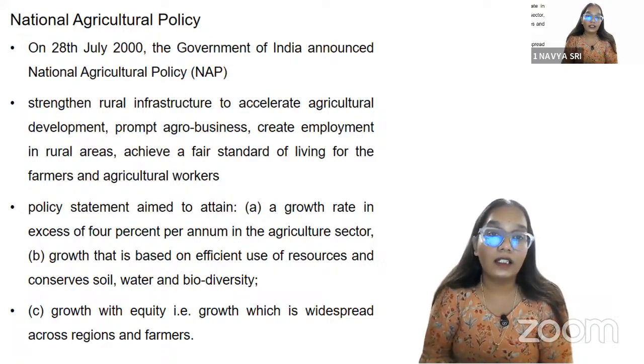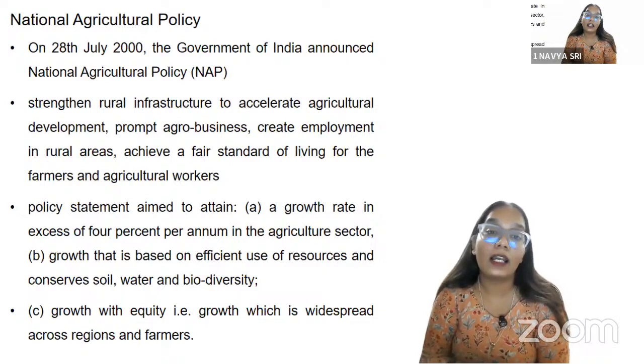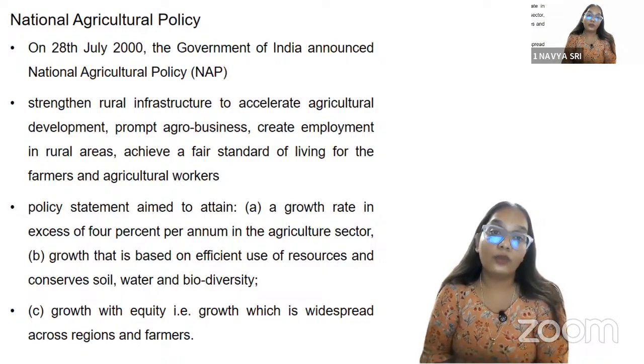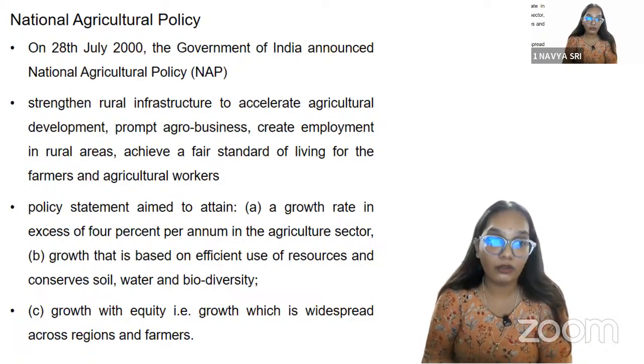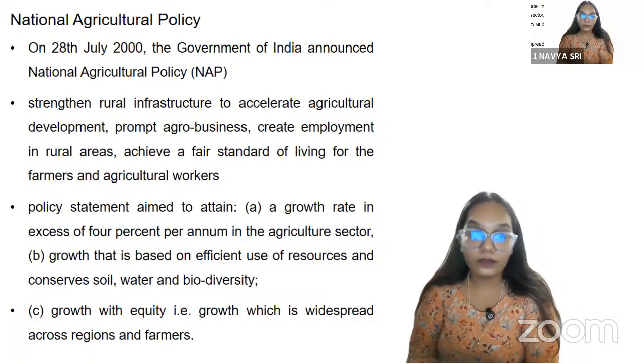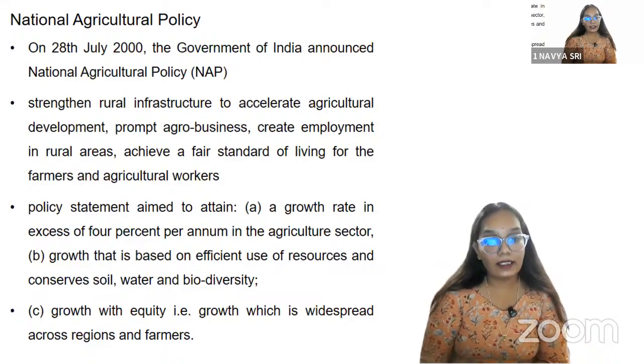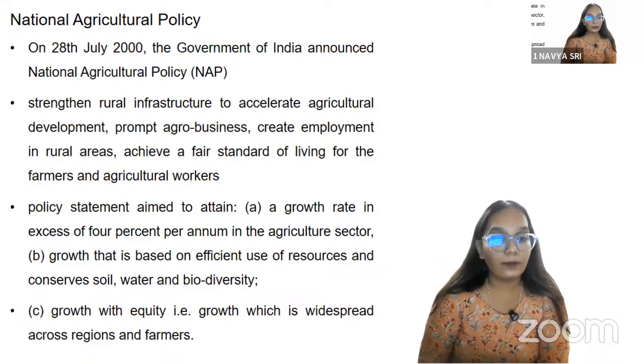So NAP targets both farmers and agricultural workers to do what? To improve their employment, to improve their livelihood, and to accelerate the agricultural development. Then policy statement.